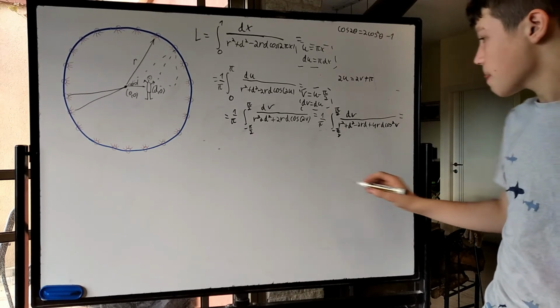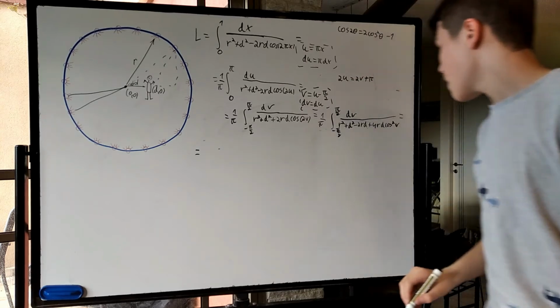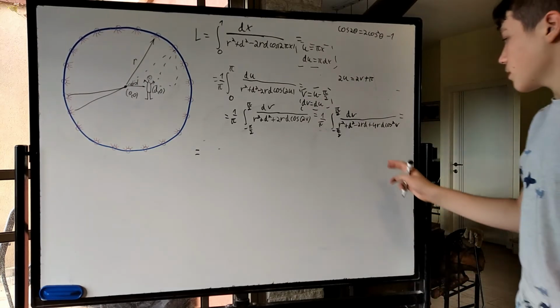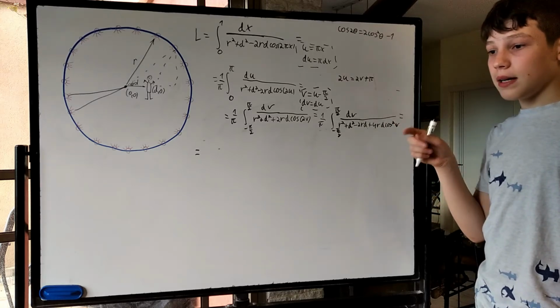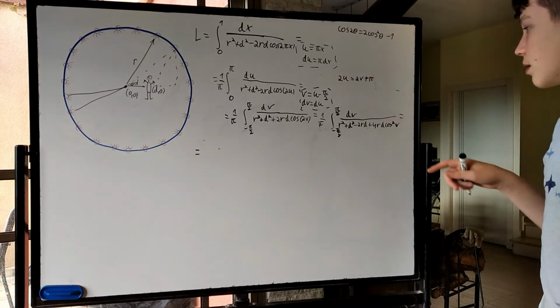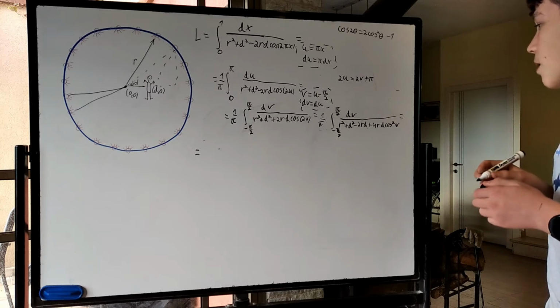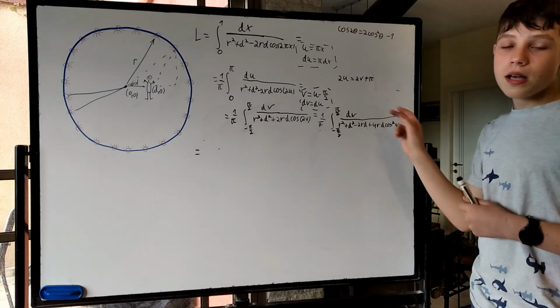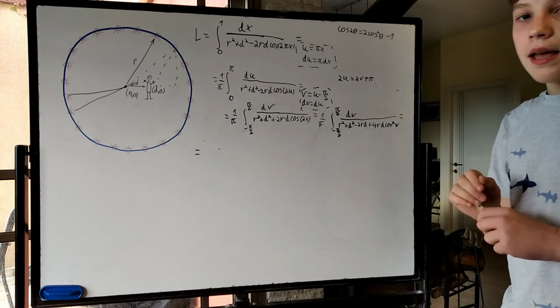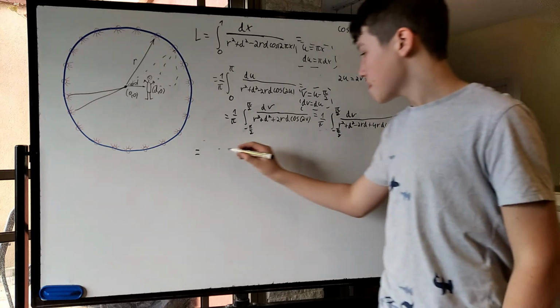And now I'll do two things. I'll pair this up to get r minus d all squared. But what I'll also do is divide by cosine squared v on top and bottom, and you'll see why this is useful.